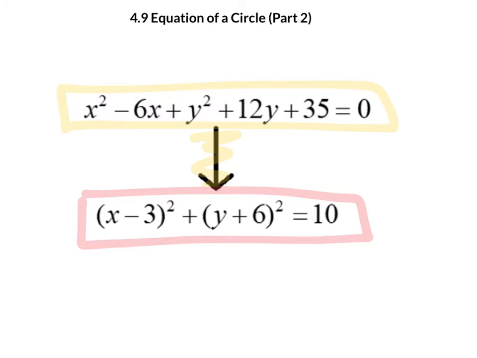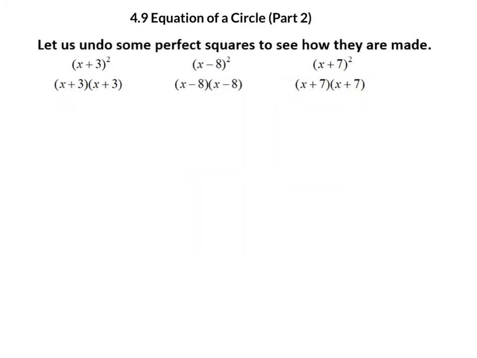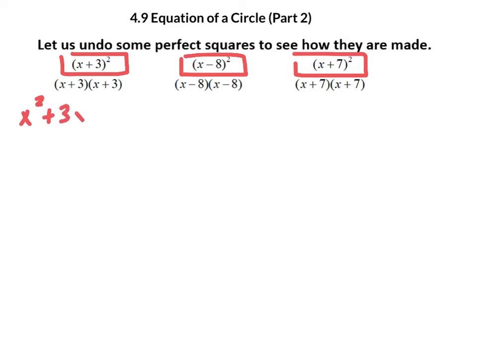Let's show you this process. To learn the process, we are going to reverse it. In other words, let's start with a perfect square and undo them. Let's break them into their pieces and see if there's a pattern in that. So when I multiply this out, I get x squared plus 3x plus 3x plus 9. I get x squared plus 6x plus 9. We'll come back and look for patterns here.